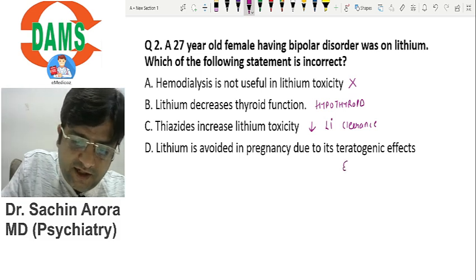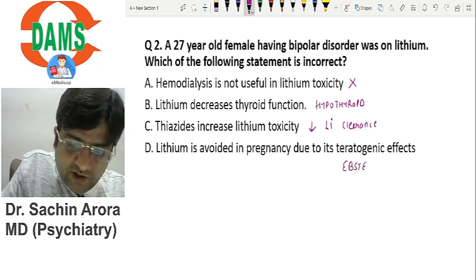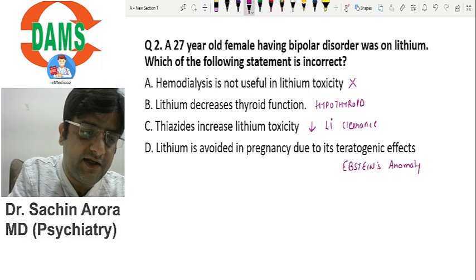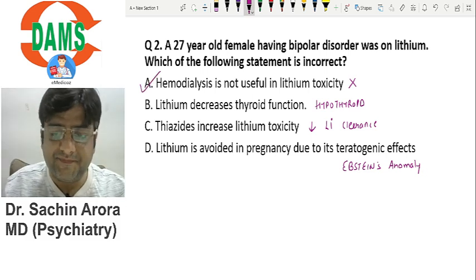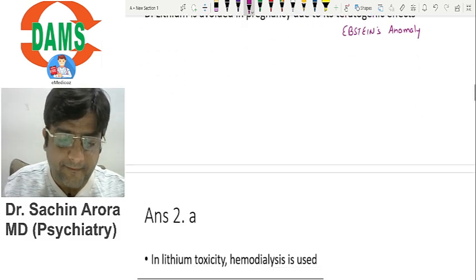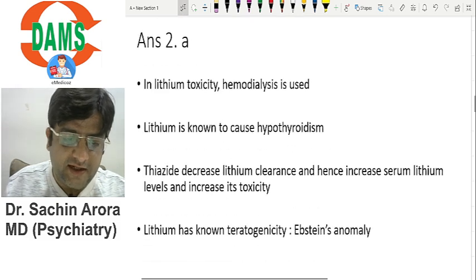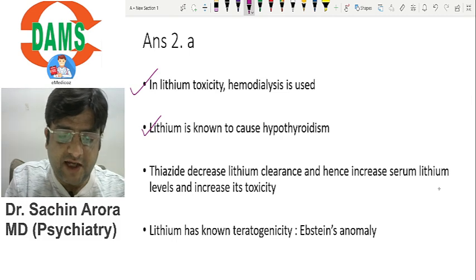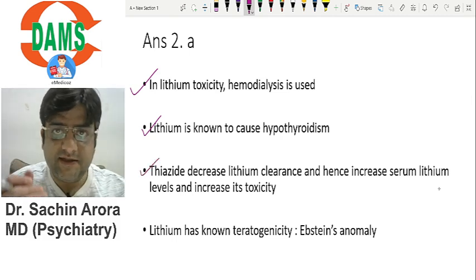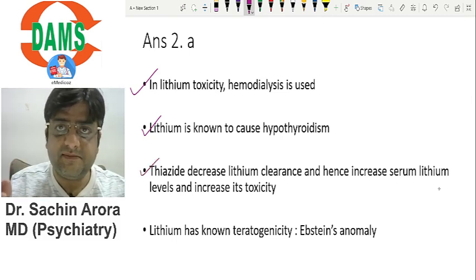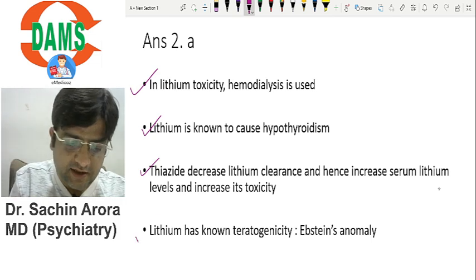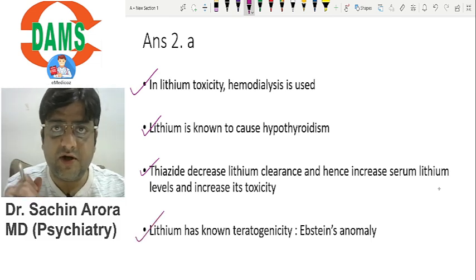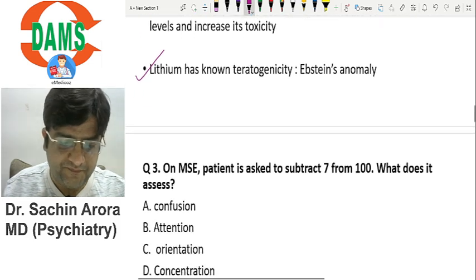It is avoided in pregnancy due to its teratogenic effect, Ebstein's anomaly. So the answer is A. I repeat, hemodialysis is used. Lithium is known to cause hypothyroidism. Thiazide decreases lithium clearance, hence increases serum lithium level and toxicity. Lithium has known teratogenicity known as Ebstein's anomaly.